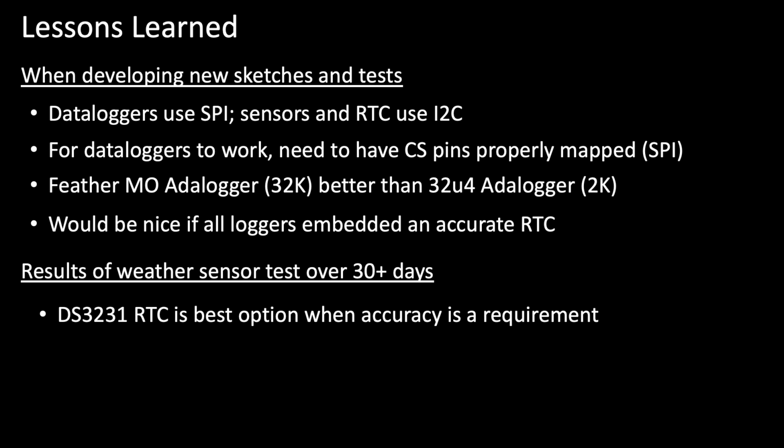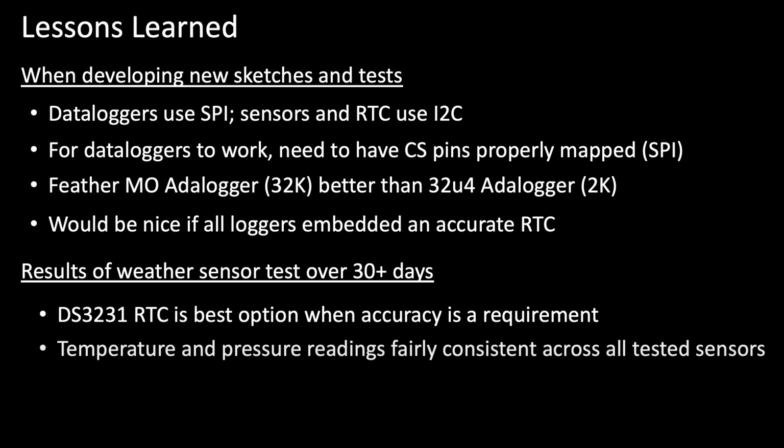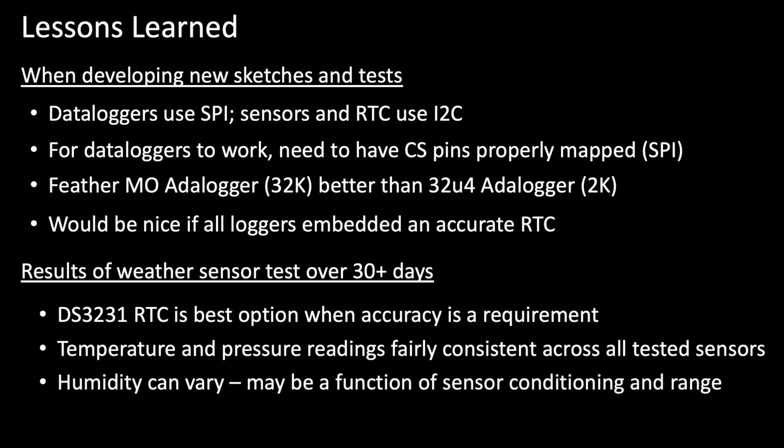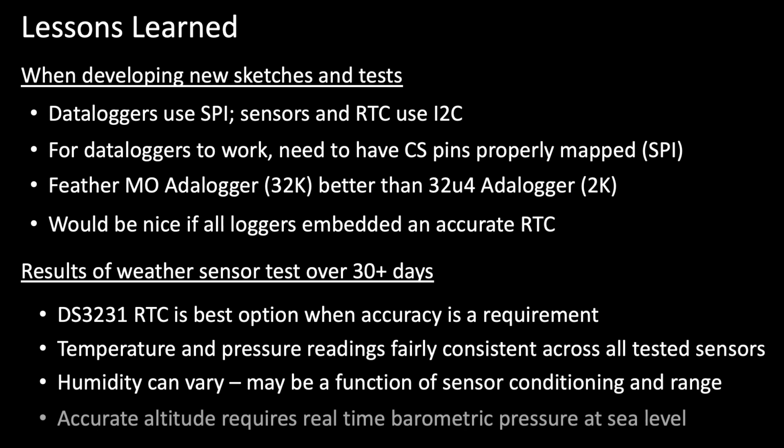What about the results of the weather sensor test over 30 days? In my opinion, the DS3231 real-time clock is the best option for timekeeping when accuracy is a requirement. Looking at the results of all those different sensors, temperature and pressure readings were fairly consistent across all tested sensors, but humidity can vary, and I think that might be a function of sensor conditioning and also possibly the range that those sensors can actually capture, which needs to be better defined in the specification sheets.